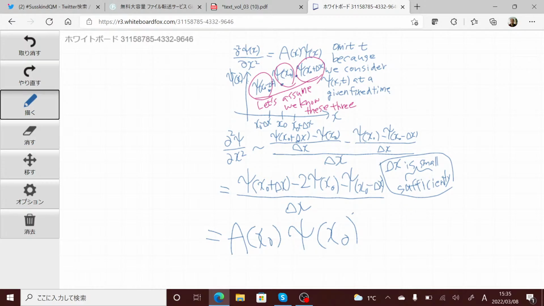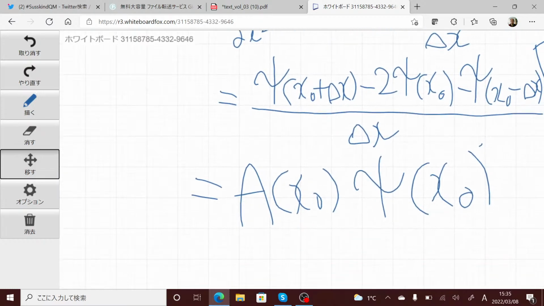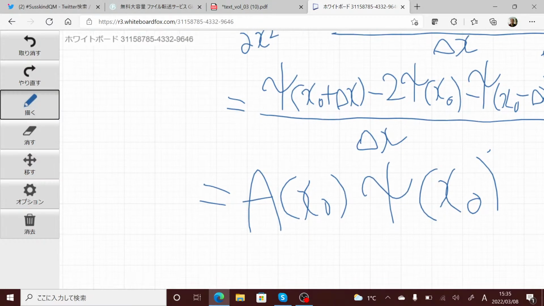Oh, there is a square. This is a squared. And I think this has to be plus.